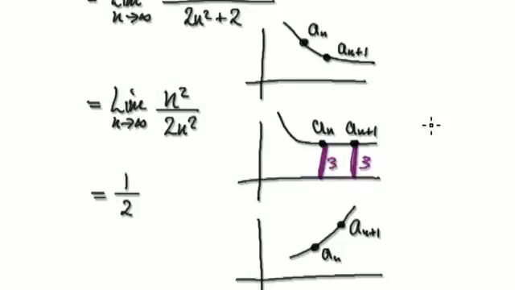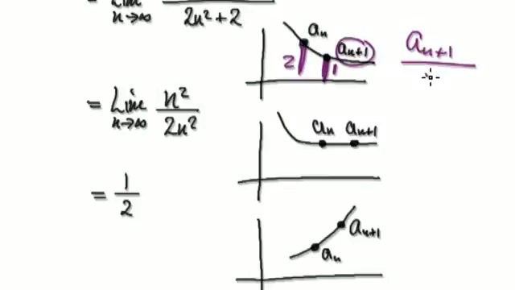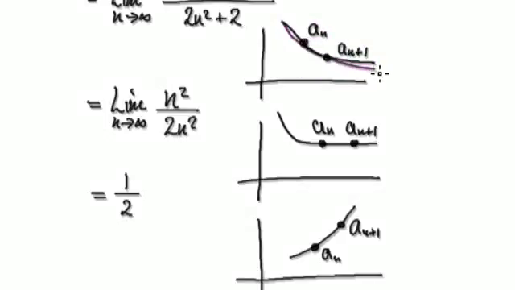If you have a limit of 1, then all that it's telling you is that it's flattening out. Here we've got a limit of a half, so that's like, this magnitude here is 1, this magnitude here is 2. So when you get the next term divided by the current term, all that it's telling you is that it's going downhill.